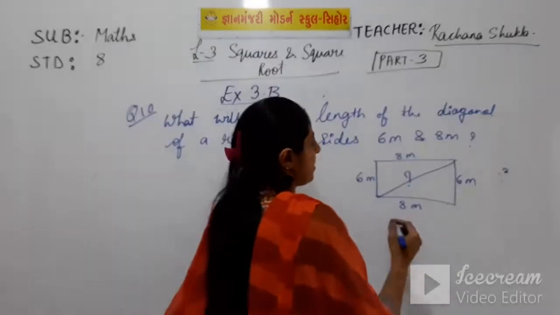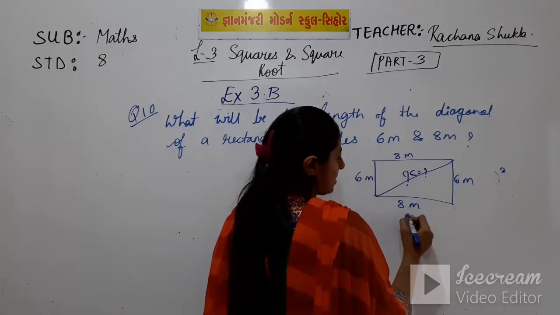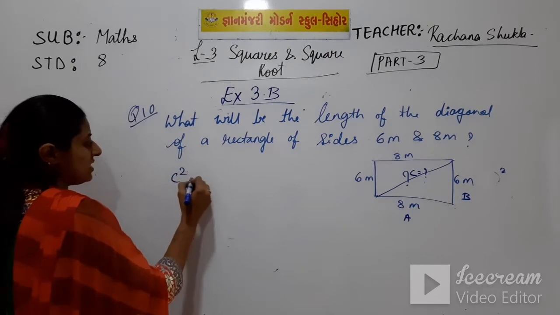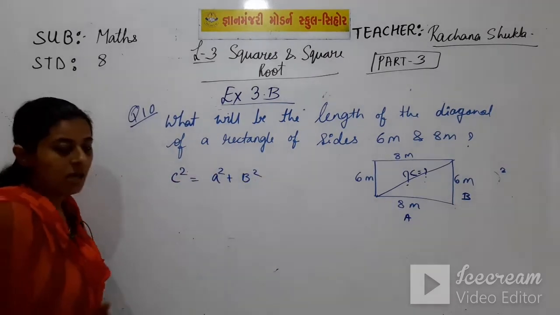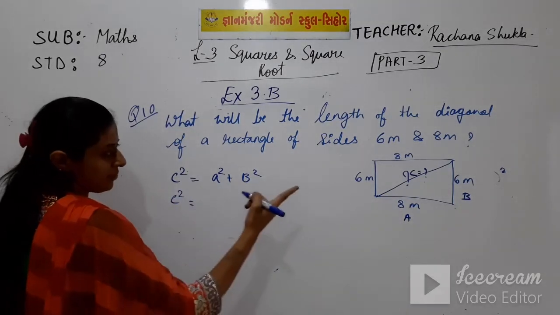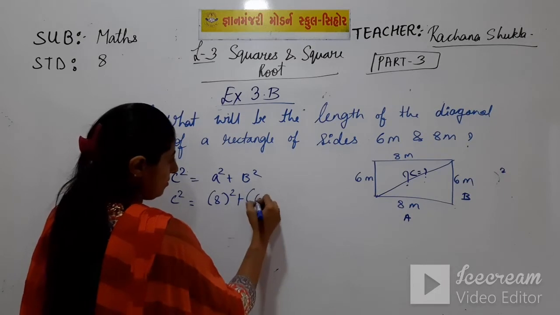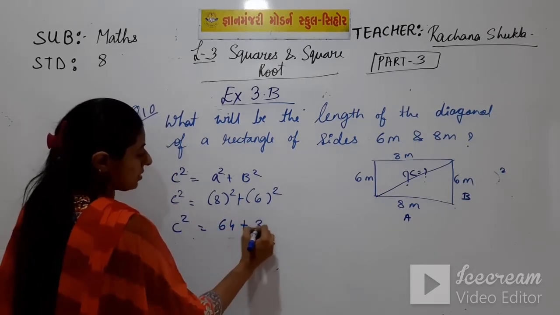So if we write this as C, this as A and this as B, the formula will be C square is equal to A square plus B square. C square is equal to 8 square plus 6 square. C square is equal to 64 plus 36.